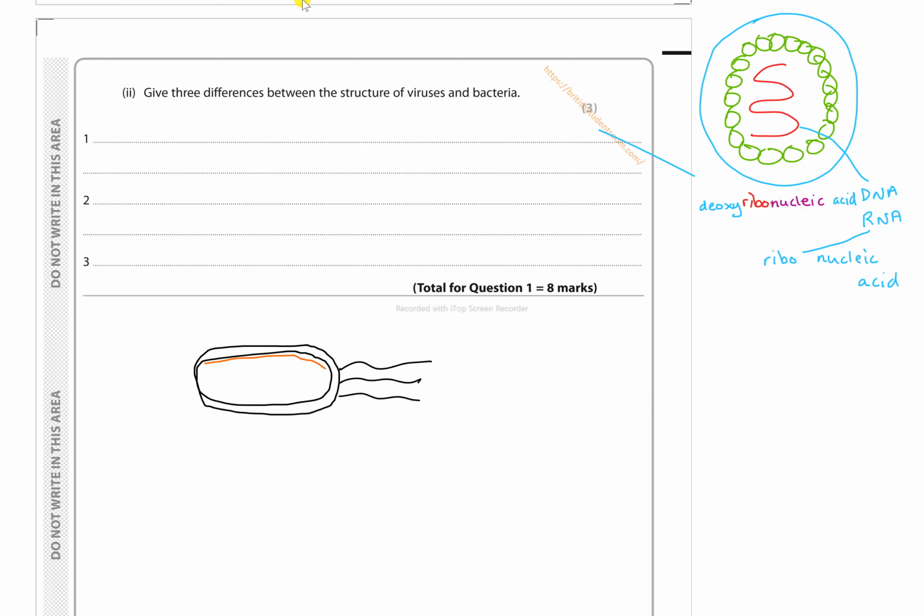There's a cell membrane here. You have a plasmid or a nucleoid. This is your genetic material, or circular chromosome. I think I've seen it as nucleoid.